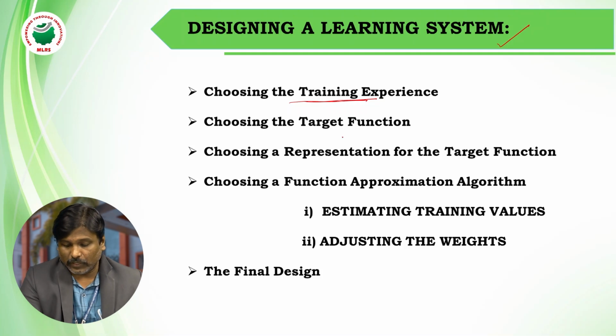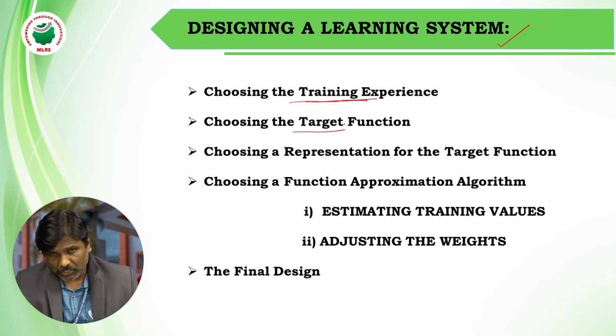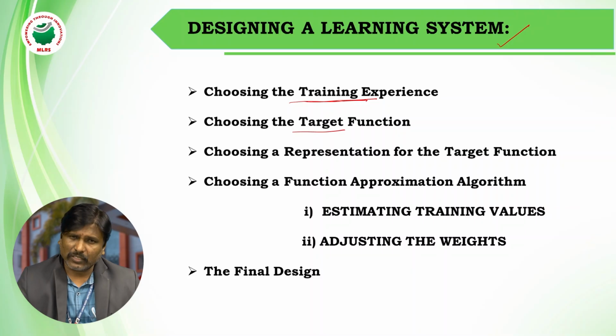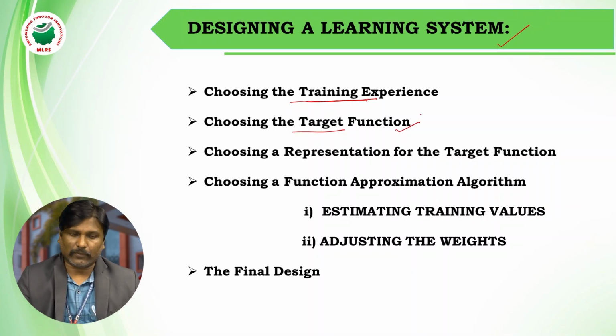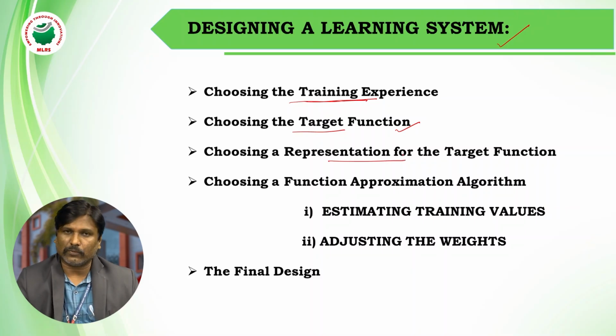So next one is the target function. Which type of functions we want to consider, what attributes we want to consider, and which type of experiences we can inculcate, all are decided by this target function. And the third one is a representation for that target function.